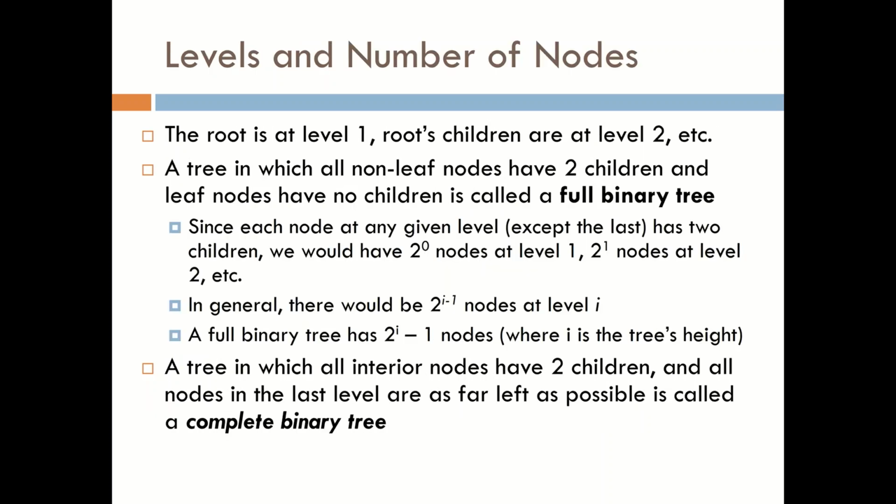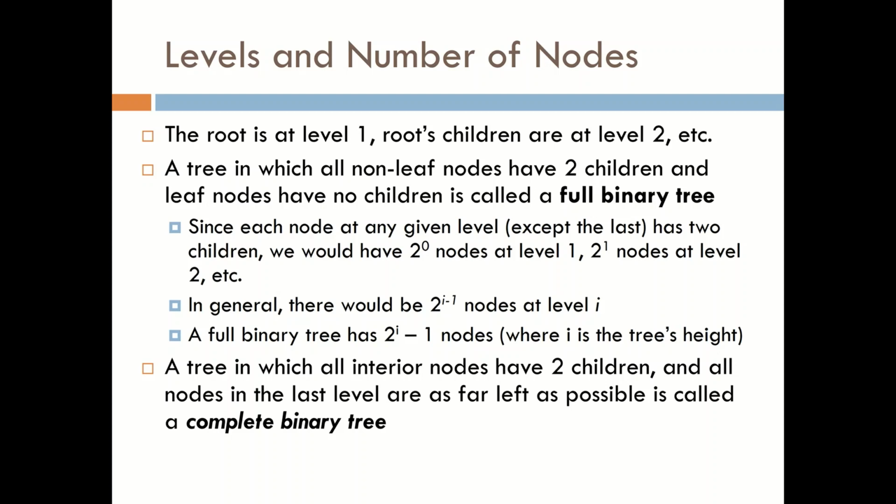And we talked about the concept of a full binary tree, which is one that's completely full. In other words, the root is at level 1, all the root's children are in the subsequent levels, and all non-leaf nodes have two children. And leaf nodes have no children at all. So this is a tree that is complete, and I drew one on the board.